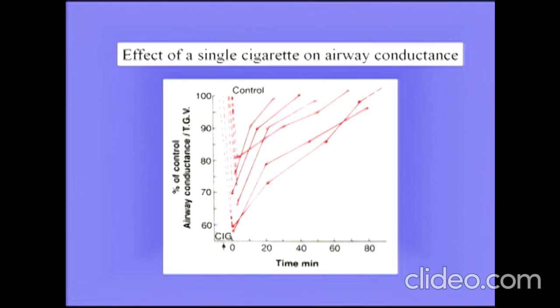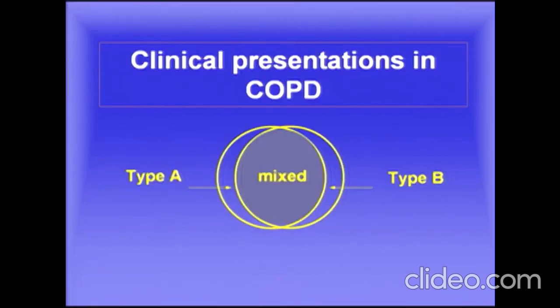So this means that the conductance of the airway here, here's a cigarette smoke here, and then look at the terrific reduction in airway conductance, and this lasts for an hour or so, just a single cigarette. So this stuff is really toxic, and we should do everything we can to get rid of this terrible scourge of smoking.